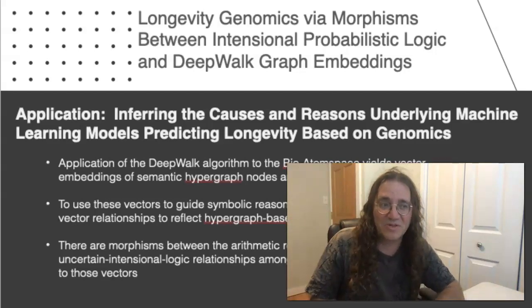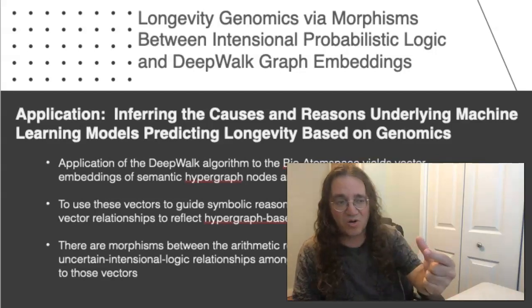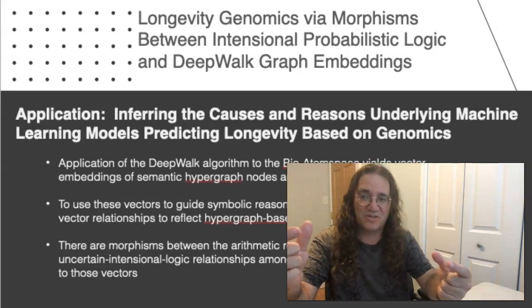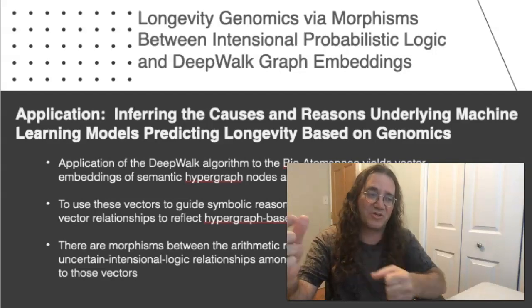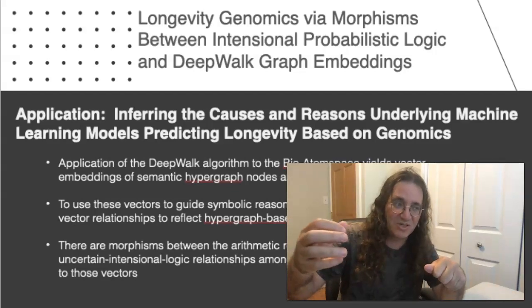And if you have an arrow between two vectors in the embedding space, that can correspond to a sort of directed relationship called an intensional difference, like a directed property difference between the nodes and links in the knowledge hypergraph.